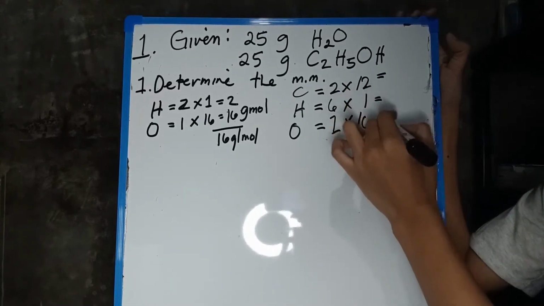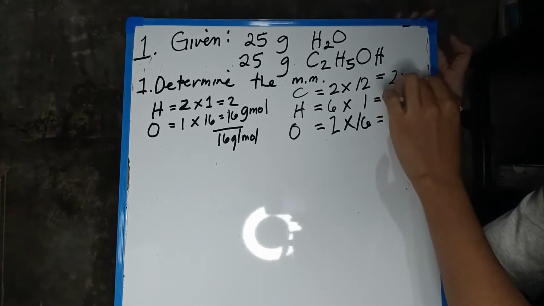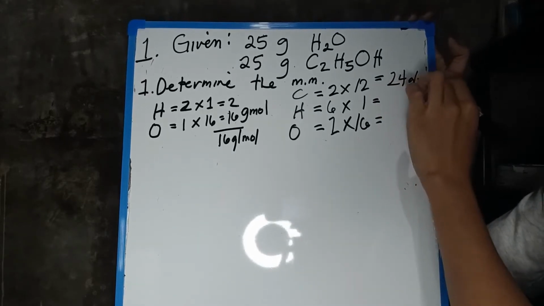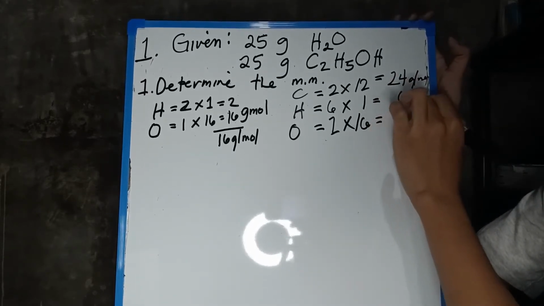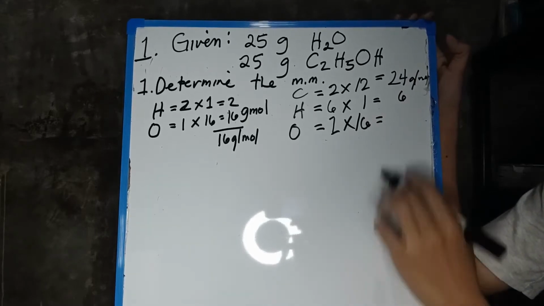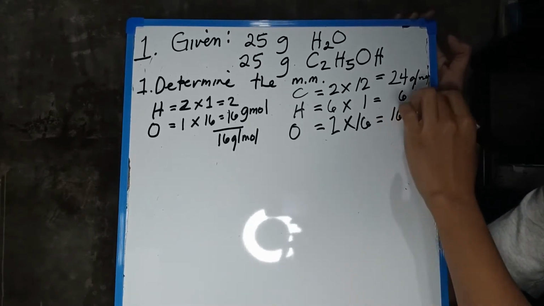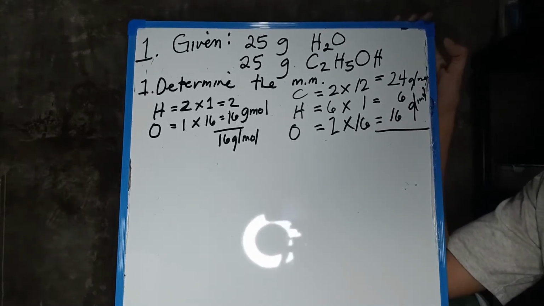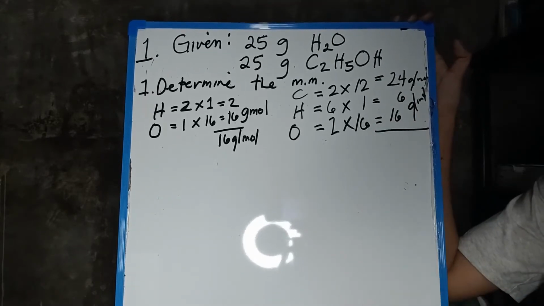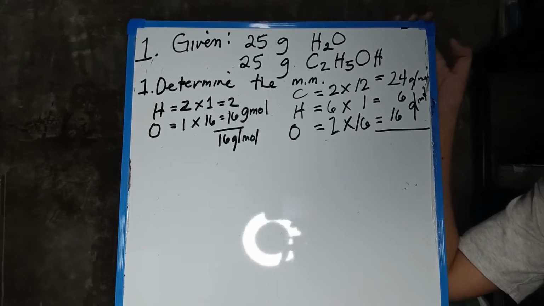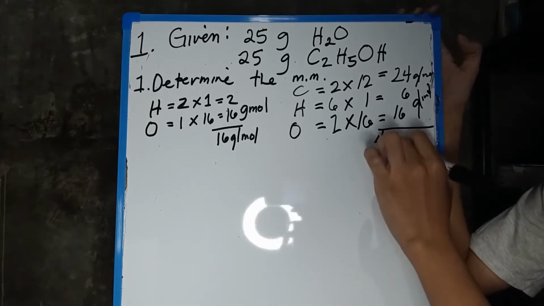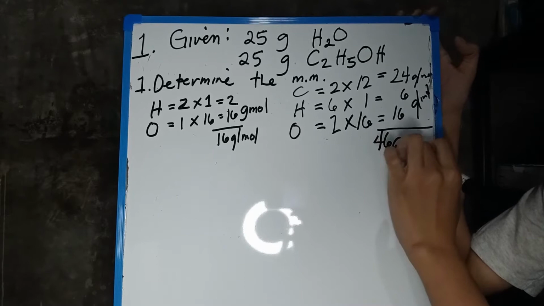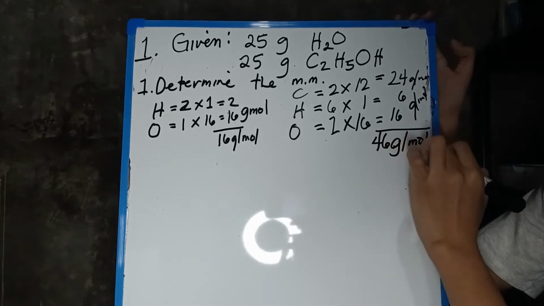So, 2 times 12 is 24, 6 times 1 is 6, and 1 times 16 is 16. Add the three, so we have now our molar mass of ethanol: 24, 16, and 6 is equal to 46 grams per mole.